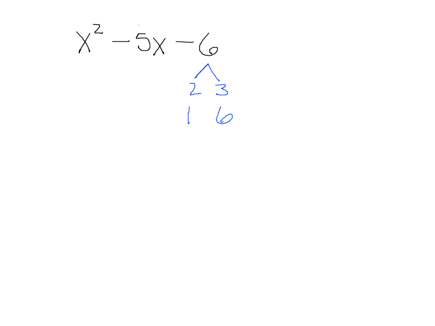do a couple things. First of all, we know that since the sign in front of the constant is negative, we have different signs. So one is going to be positive and one is going to be negative. That is sign. Okay, this one tells me that the bigger number is going to be negative.